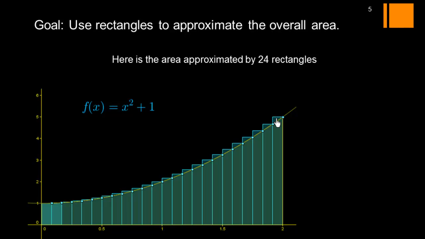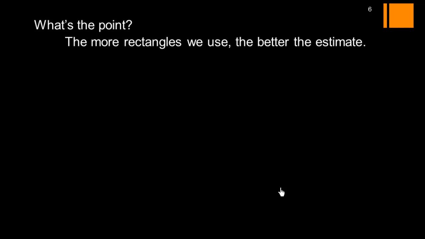You can see the overestimates are even getting smaller. So that means the area of all these rectangles is becoming an even better estimate of the area under my curve. So now I have, well, I guess what's the point? The point is the more rectangles we have, the better the estimate.